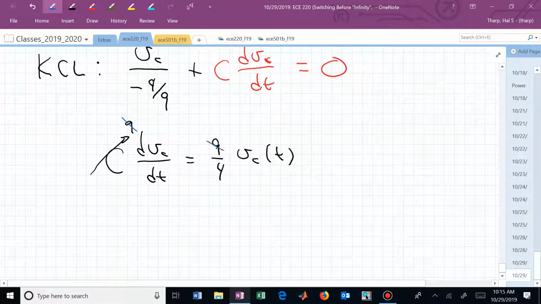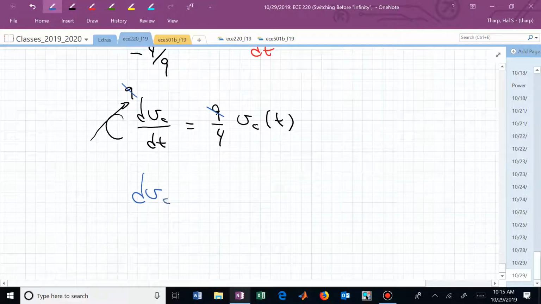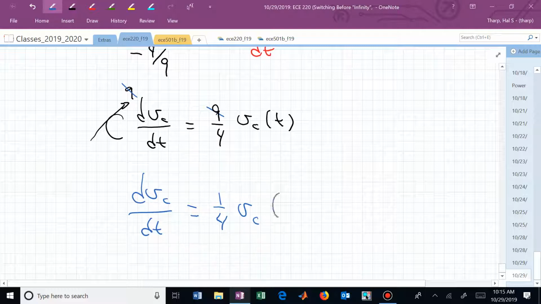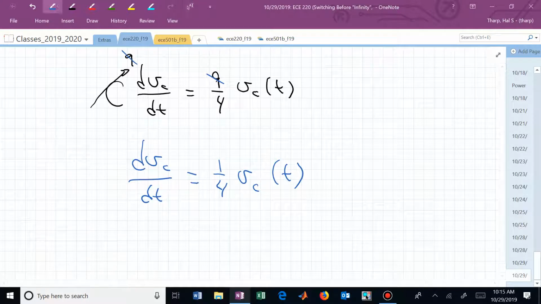Those 9's cancel, and we're left with dV sub C dt is equal to 1/4 V sub C of t. We're now trying to find an answer, a V sub C of t, that satisfies that differential equation. That's the governing differential equation for this new negative resistance RC circuit. Now we have the time rate of change of that voltage is 1/4 of that voltage.